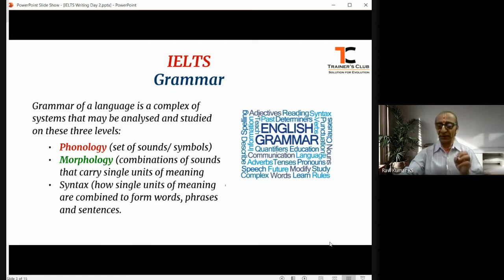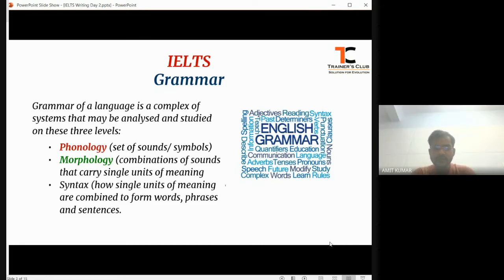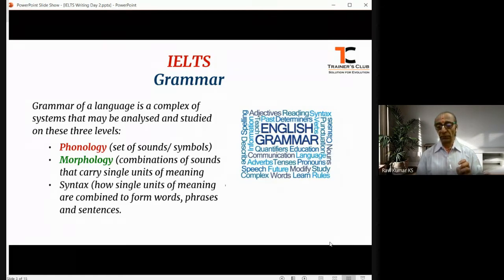The major three are noun and pronoun, which I make as one because both are twin brothers; they replace one another. The second one is the verb. The third one is the preposition. Don't forget the functions of these three.